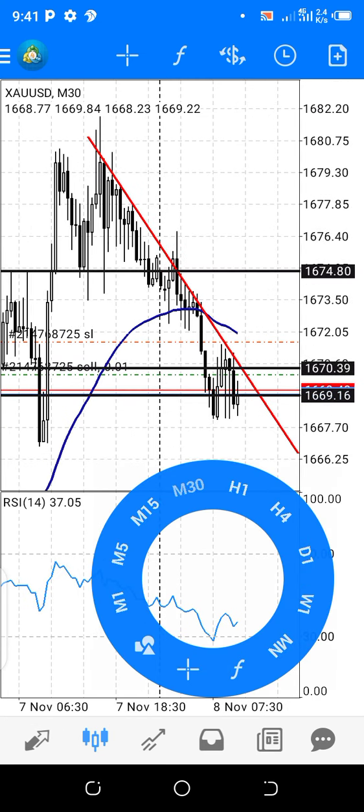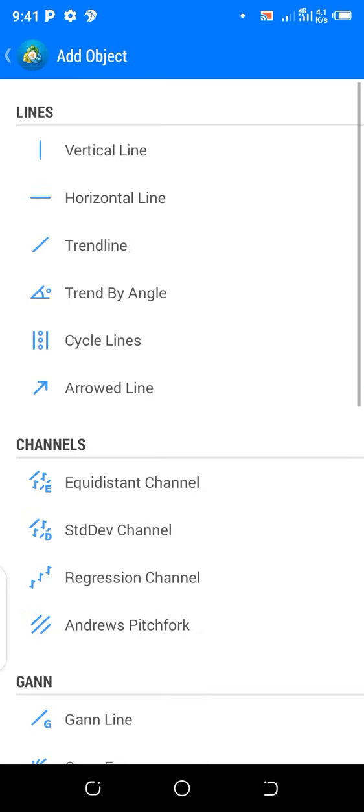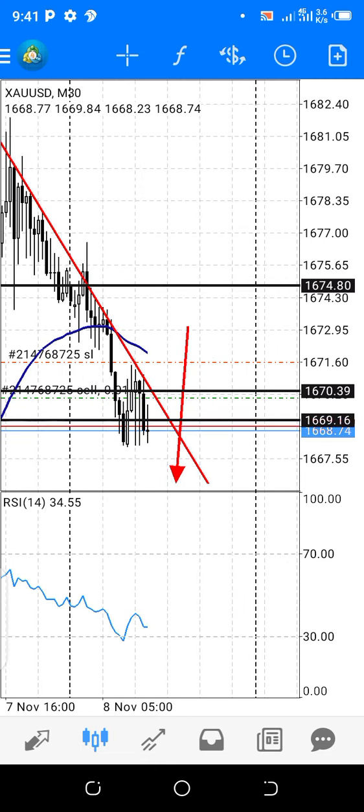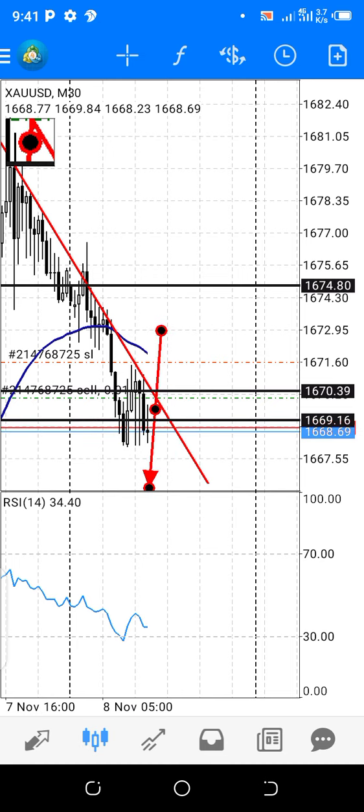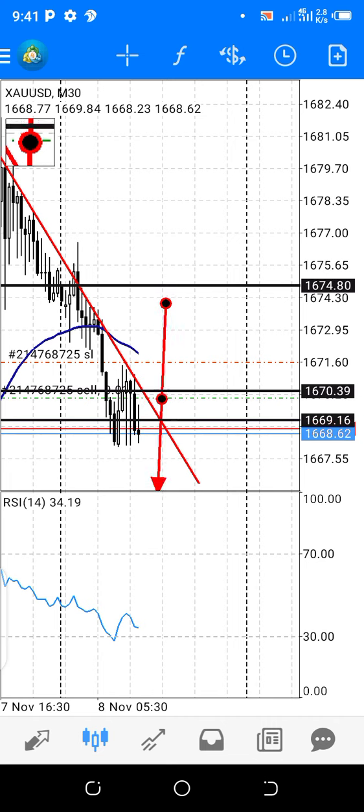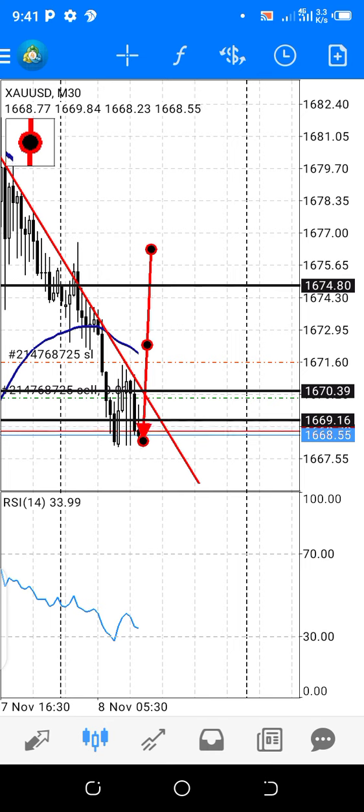It's forming another thing there. So as it's touching this place now, we are still seeing our downtrend here. We are still seeing our down move here. Here it is telling us that it's going down. After the touch of this trend, it's going down.